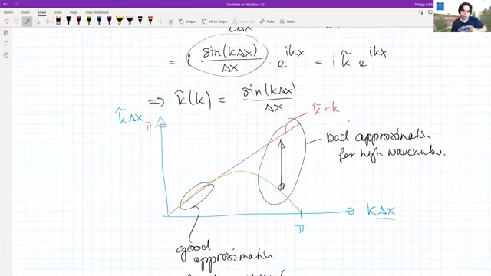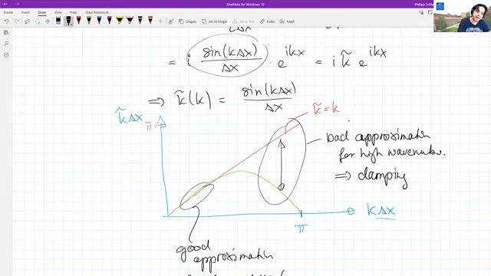It goes back to 0. So in a physical understanding, it means that we have introduced some severe damping of the derivatives at high wave numbers. In the extreme case, the highest derivative that we can represent is multiplied with a 0, so we don't get anything as a derivative.